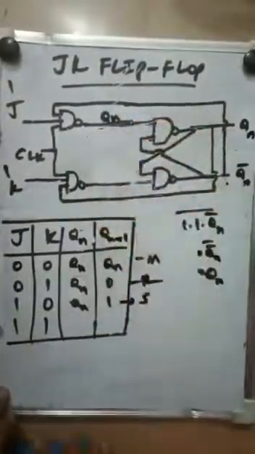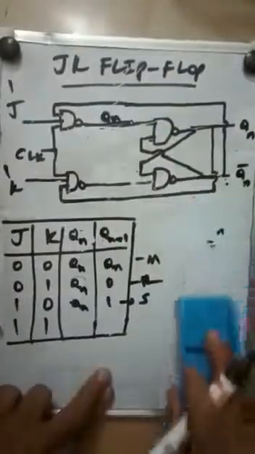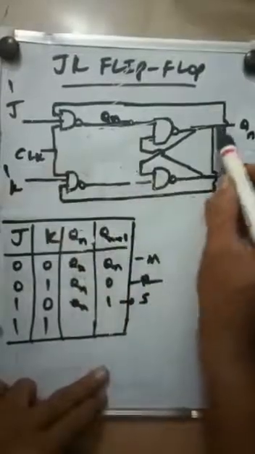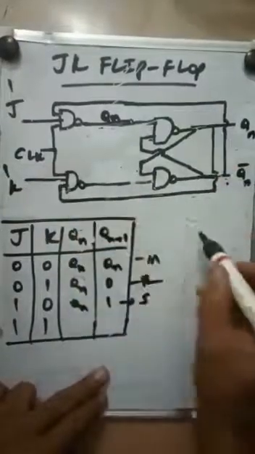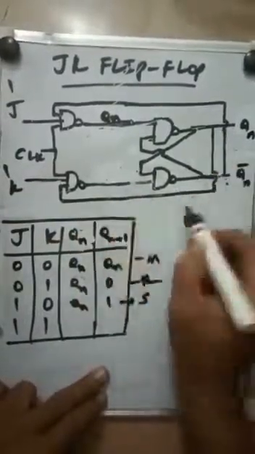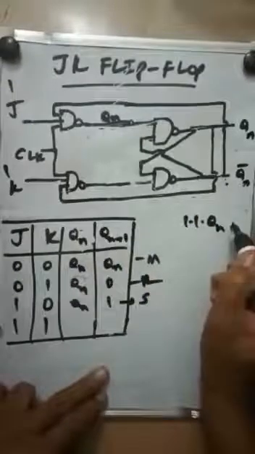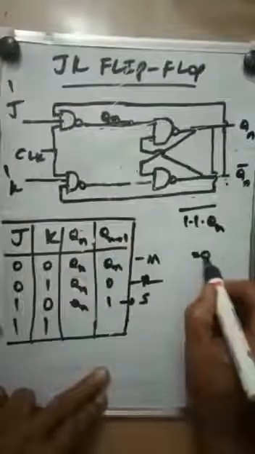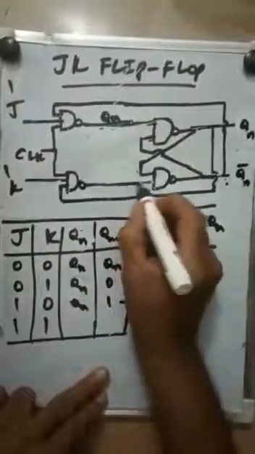Next, the output of this is 1.1 dot Qn, whole bar NAND. That means this is Qn bar.